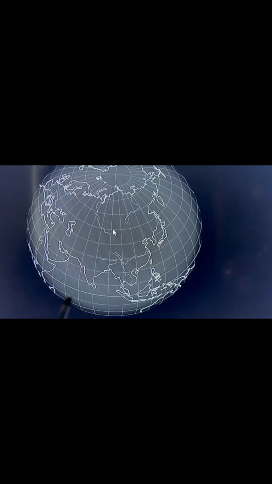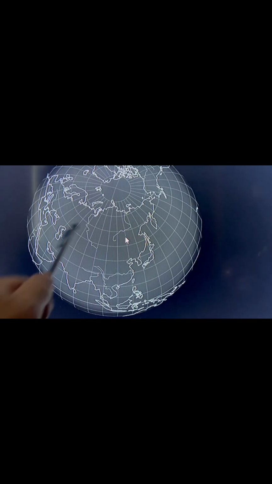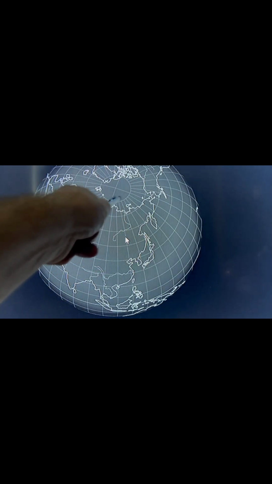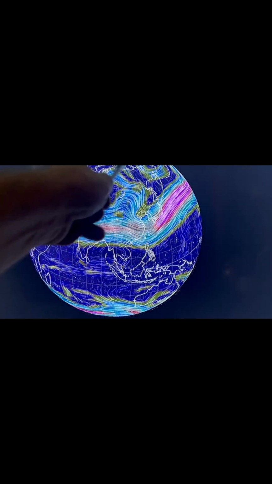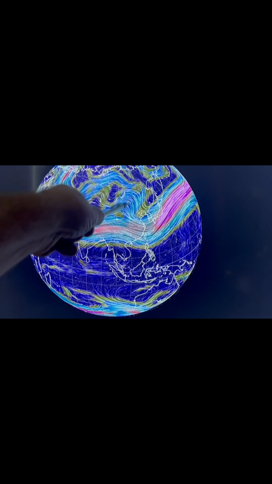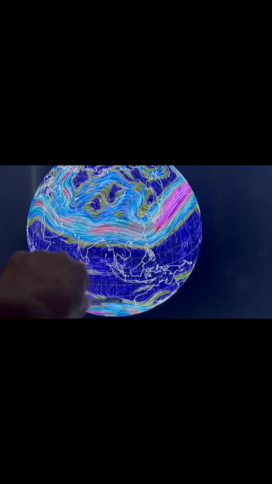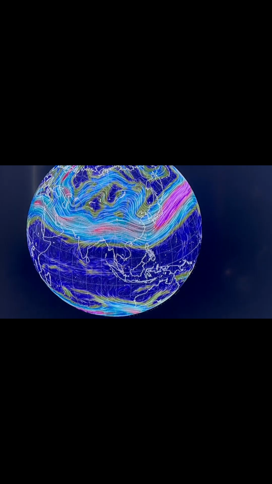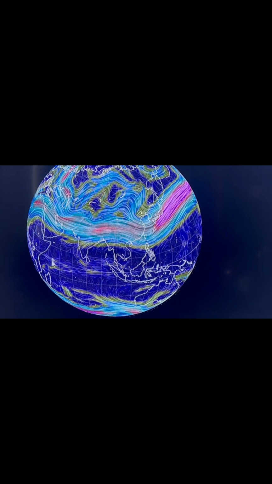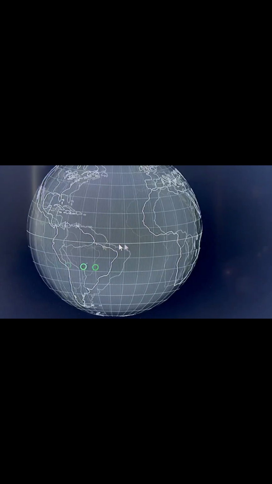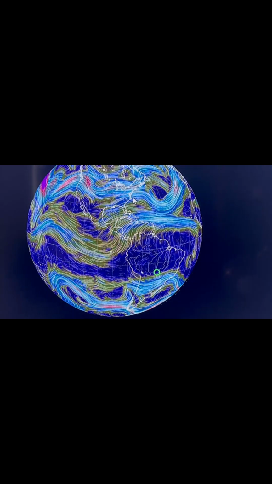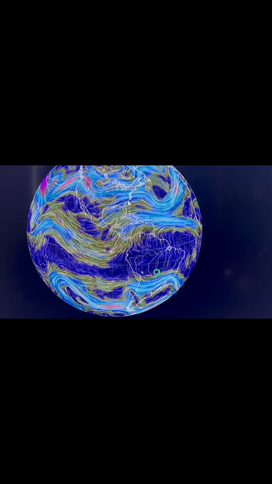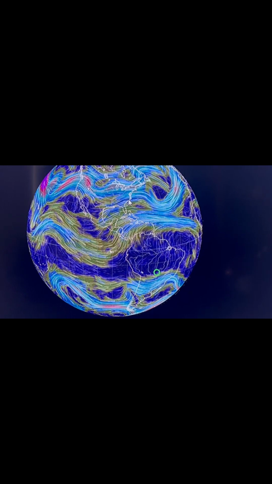Magnetic north is right around this region here. Magnetic north will be moving this way. Magnetic south will be moving this way. So let's go to the opposite side of the planet, which is, again, the Americas, where our jet streams are becoming more chaotic, unpredictable.